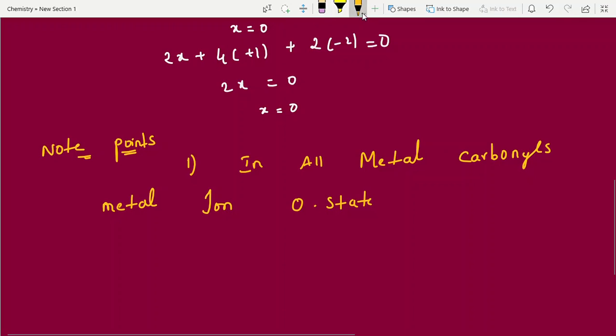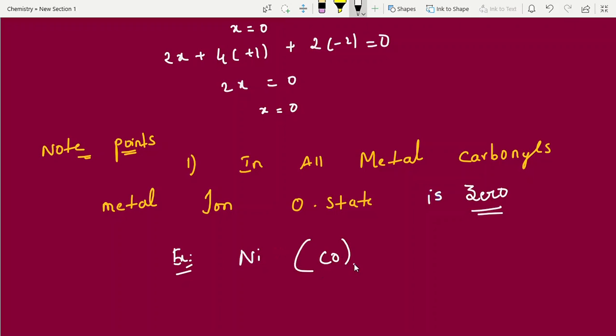What is the reason? See, students, carbonyl, for example, nickel carbonyl, like this. Between carbon and oxygen, how many electrons around carbon? 4. Here 1, 2, 3, 4, 5, 6.